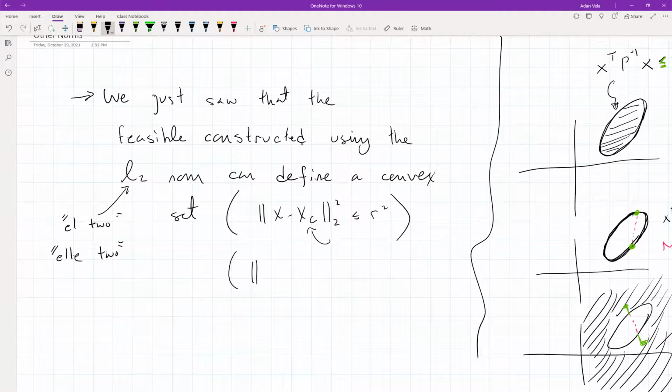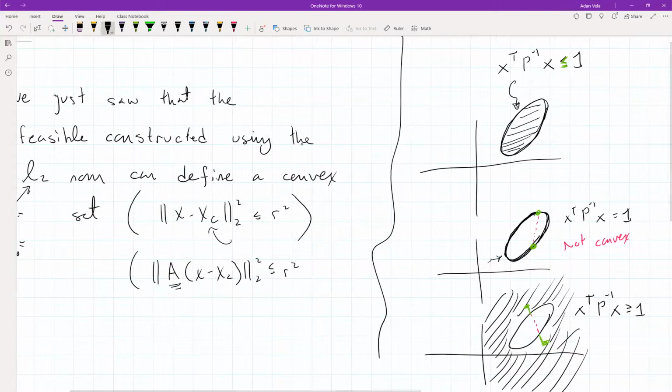What if we multiplied x minus xc by some matrix A? Is that still convex? Yes, it is. In fact, this A matrix could be a rotation matrix if you wanted to. That's another way you could construct a rotated ellipsoid.